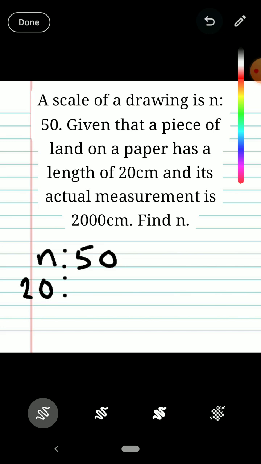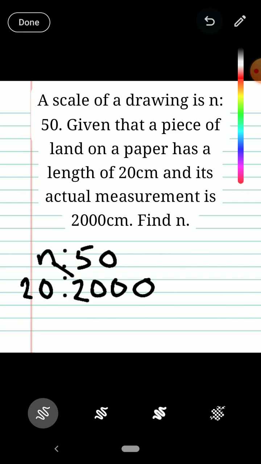The actual measurement we put here, 2000, and make sure that they are both in the same units. 20 centimeters, 2000 centimeters. That's good. If the 2000 was in meters, it would be changed to centimeters. They're supposed to be in the same units when you're about to do the scale comparisons.